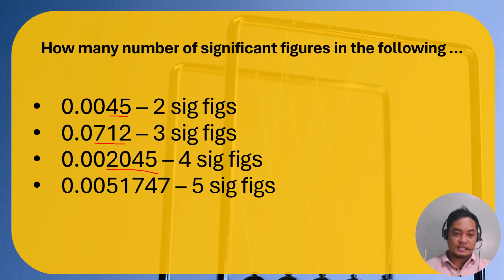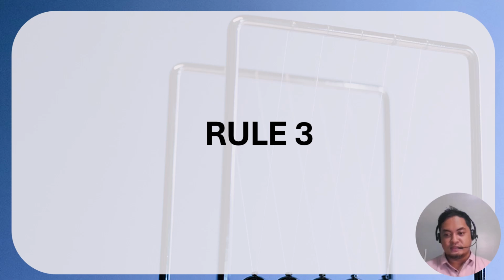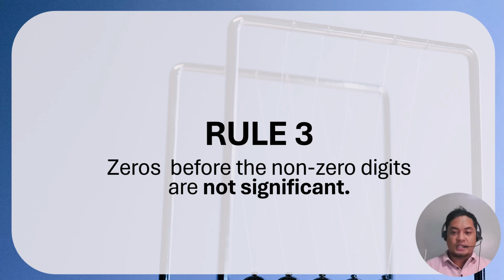And then the last one has five sig figs. It's very clear now that the zeros before, we call them leading zeros, zeros before the non-zero digits of a decimal number less than 1, are not significant, so we will not include them in the counting. Please remember that one.